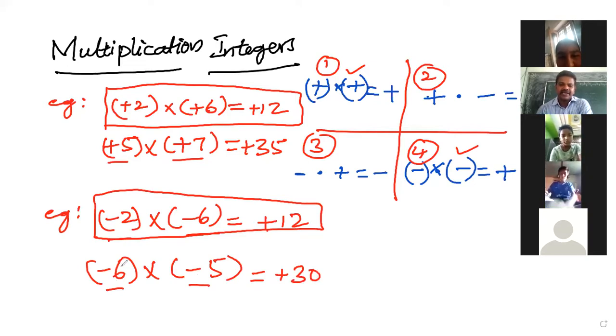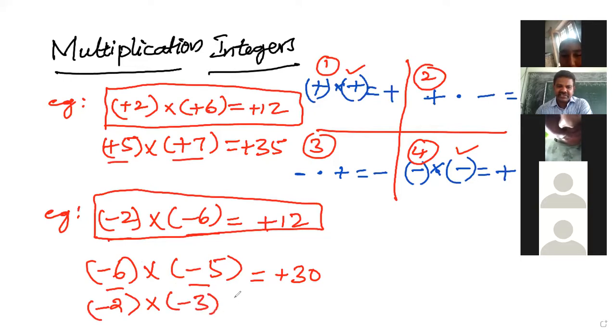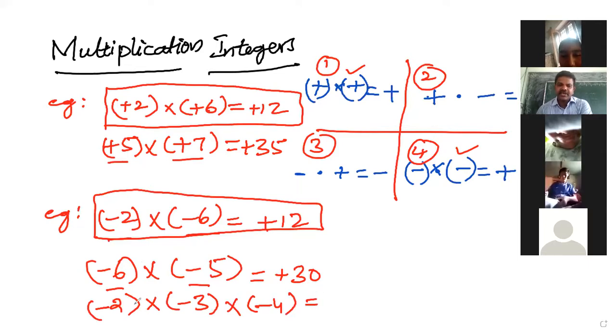Okay. When we multiply two numbers, we just get a positive integer as a product. But if you multiply more than two integers, I will come to the point. -2 into -3 into -4. Now we are multiplying three numbers. If you multiply three numbers, the result will be minus.